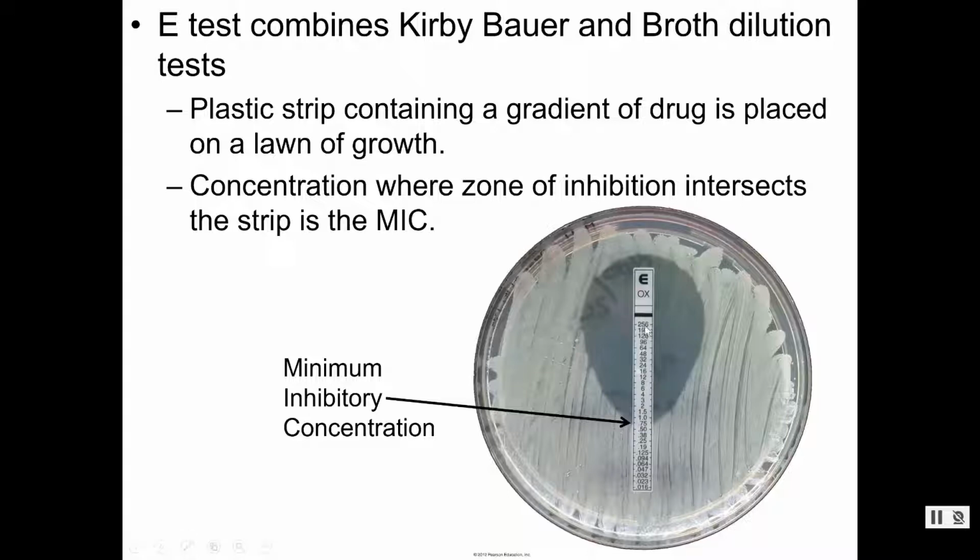So here's where the drug is the strongest, but then each one of these is a serial dilution, and you can find the minimum inhibitory concentration. That's going to be where the zone of inhibition crosses this strip. So that's a test that can do that.